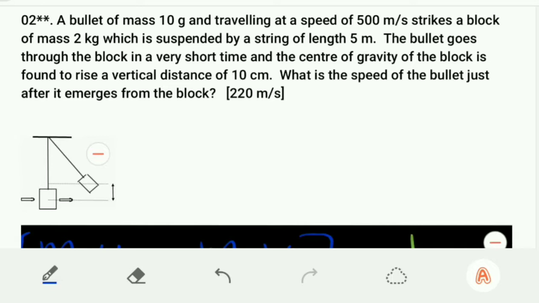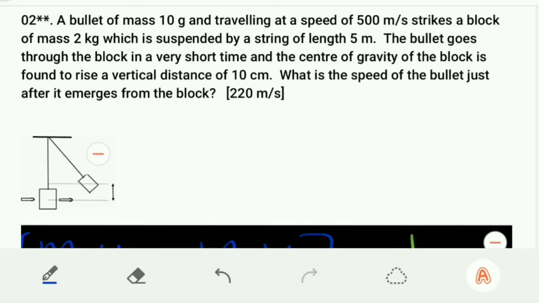But because there's a string there, it's going to gain some potential energy. It will rise, as the question says, a vertical distance of 10 centimeters. So as it moves, there's a change in kinetic energy, which leads to the gain in potential energy. Again, we have to consider the energy change here as well as the momentum of the system.